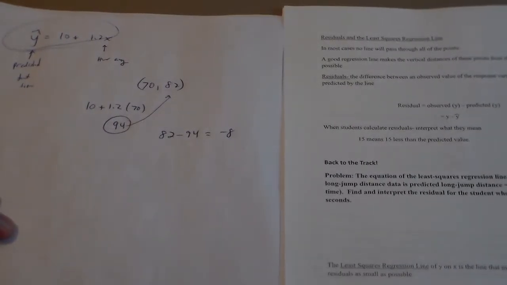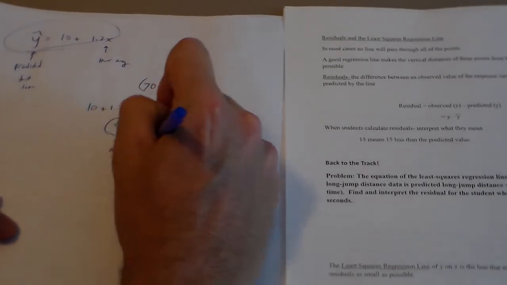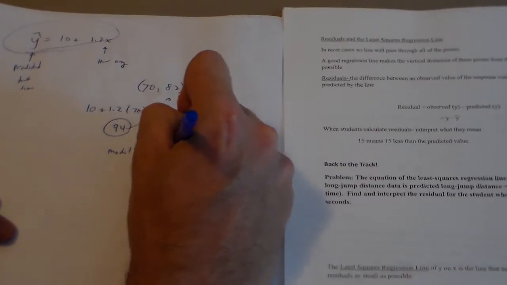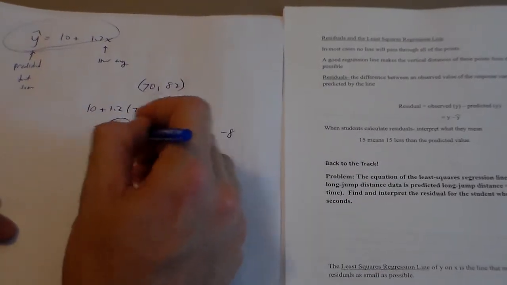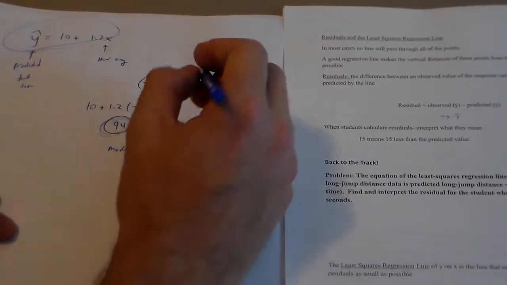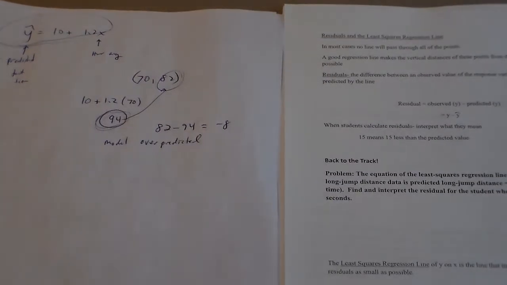So what does that tell me? The model over predicted. He should have got a 94 and he only got an 82. So the model over predicted.